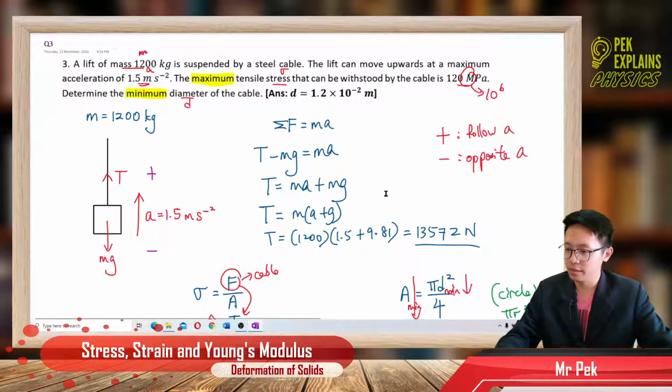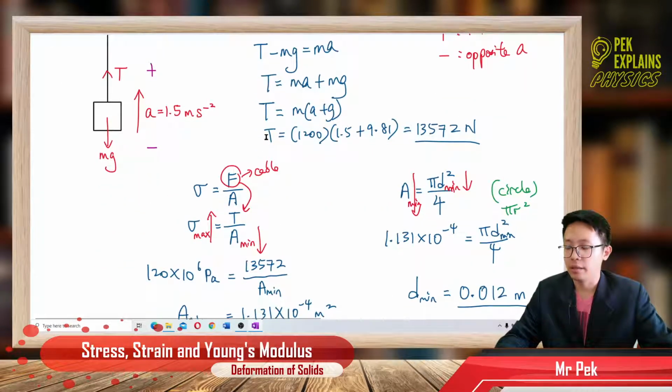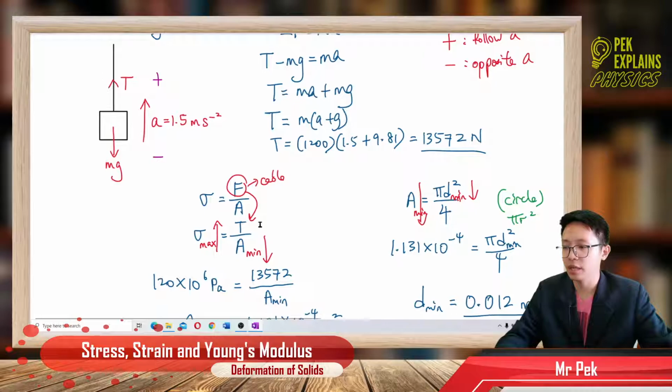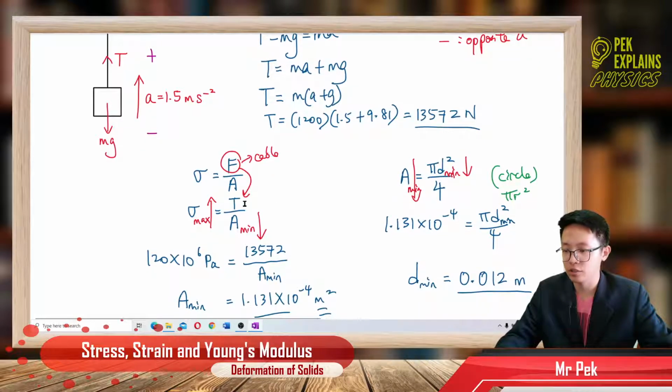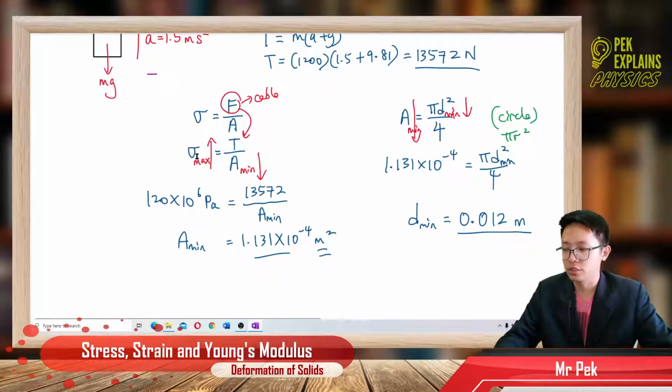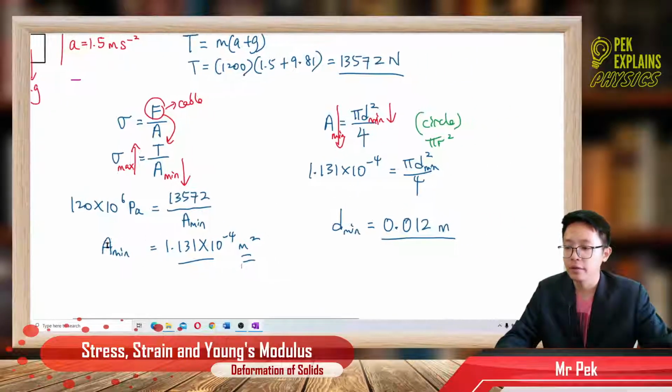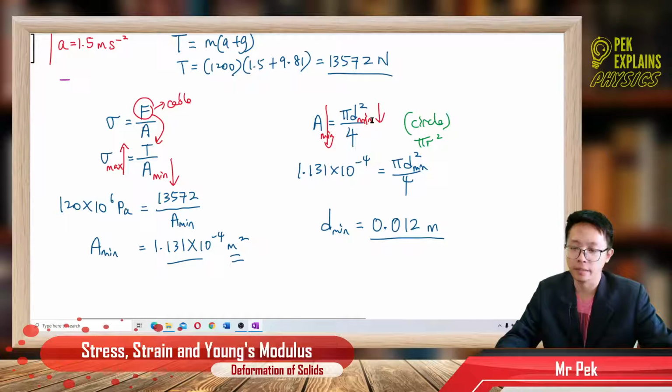Okay, that's it. You see, the equation apply. Newton's second law, find the tension. And then the force in the cable is always the tension. Use the stress formula, force over area. Find the area. From area, always can find diameter.